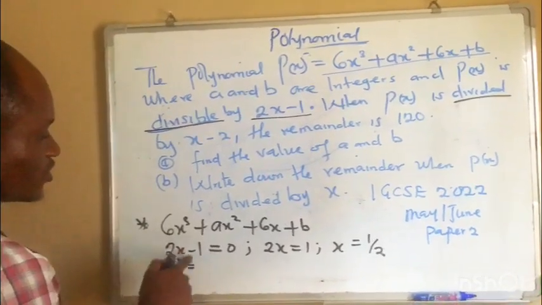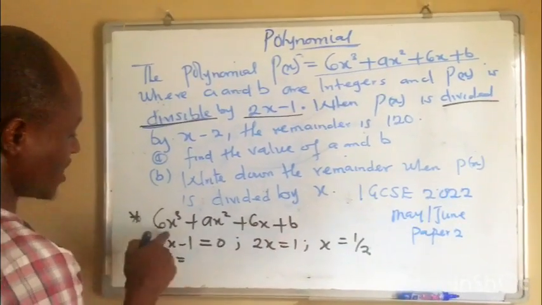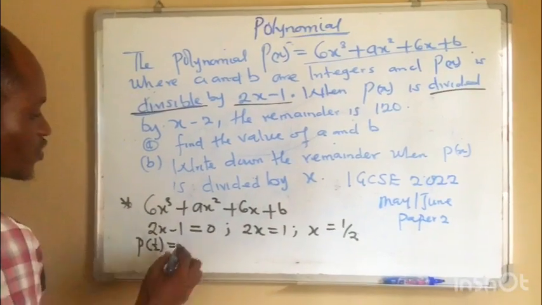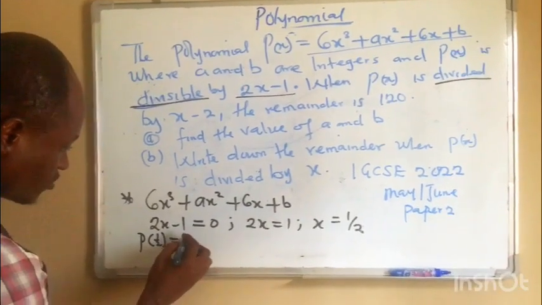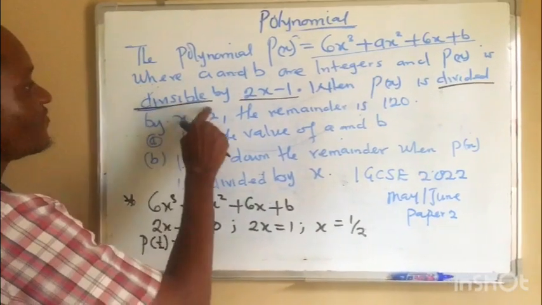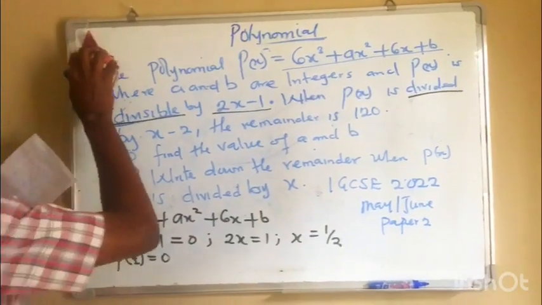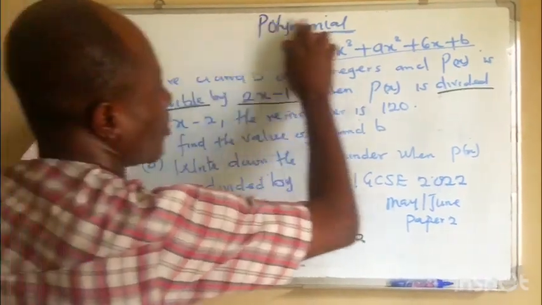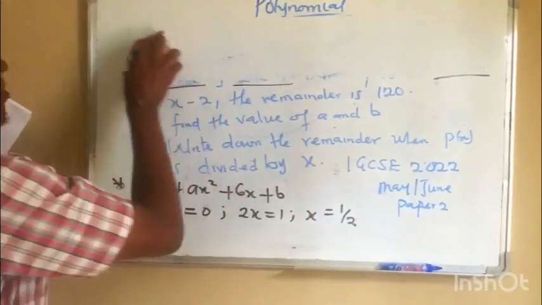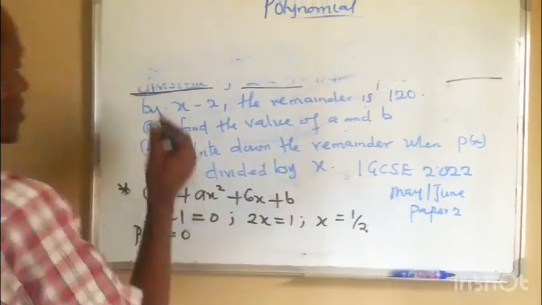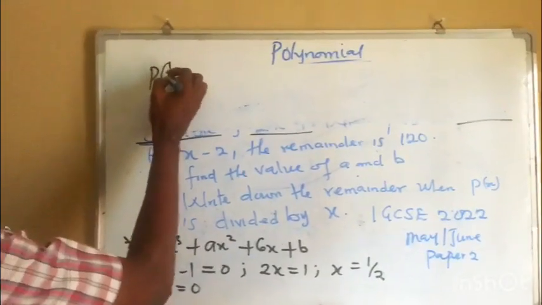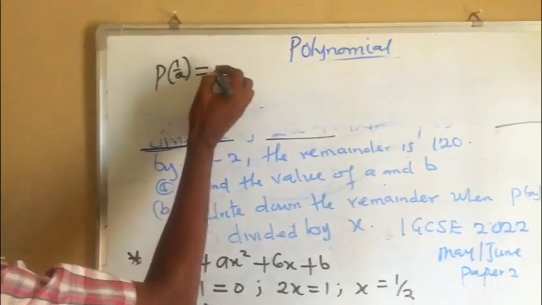That means if I substitute half into this polynomial as x, I will equate it to 0, because the statement says it's divisible by 2x minus 1. So p of half will be equal to 0.